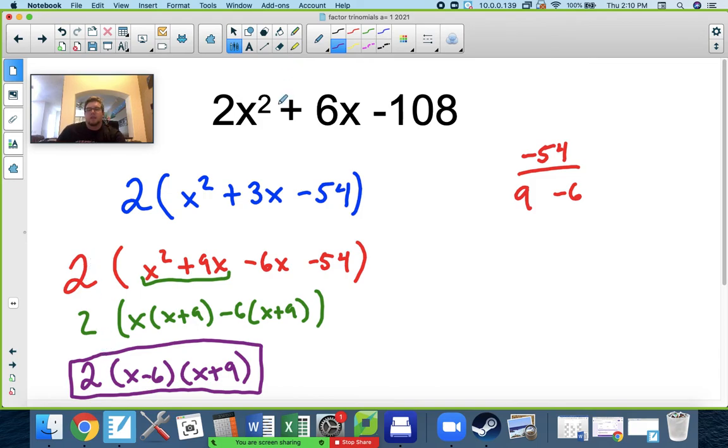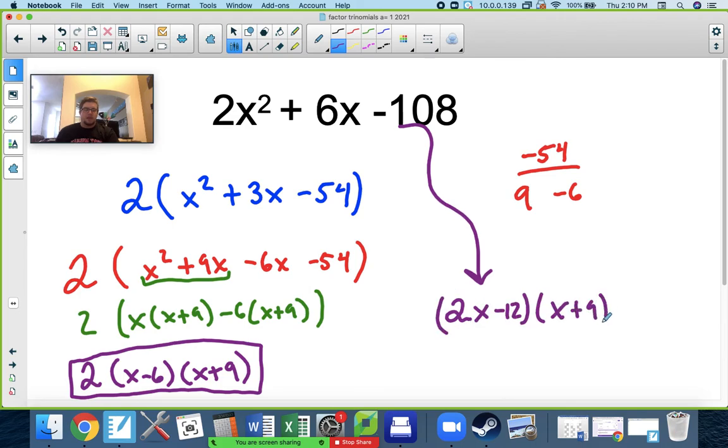If we forgot to take out the 2 at the beginning, at the end of our problem, we would have had something like this. 2x minus 12 and x plus 9. Or we would have had 2x plus 18 and x minus 6. So that 2 is kind of lurking within the problem.